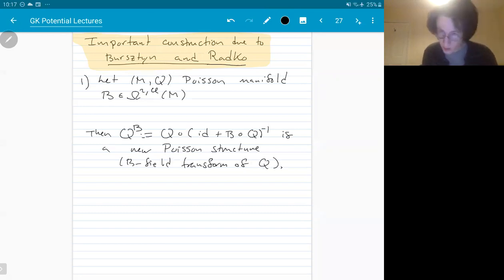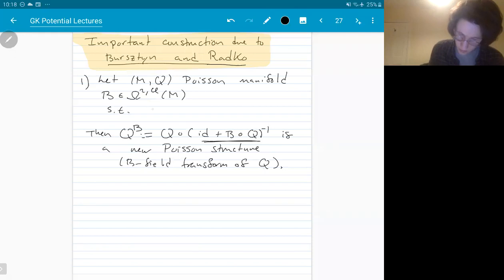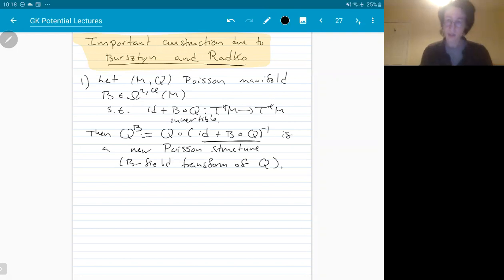This construction might not work if B is too big. There's a condition: identity plus B composed with Q, from the cotangent bundle to itself, has to be invertible. If you have this, then you can define this new Poisson structure, the B field transform.